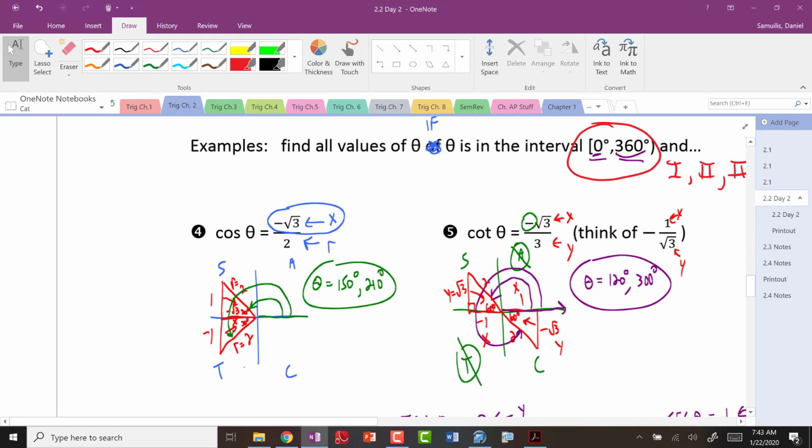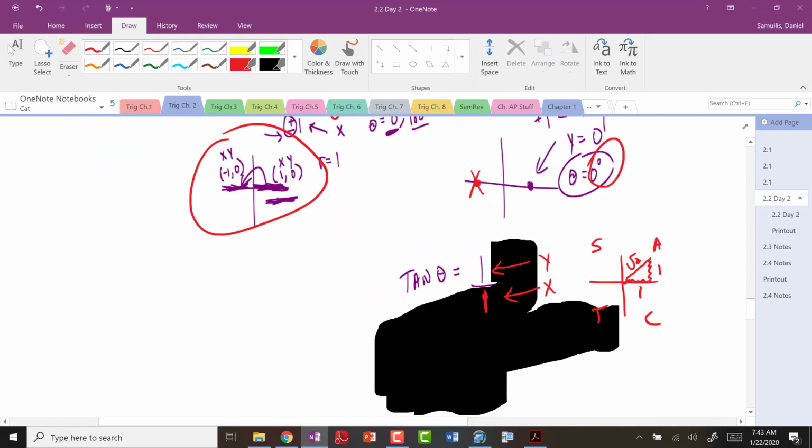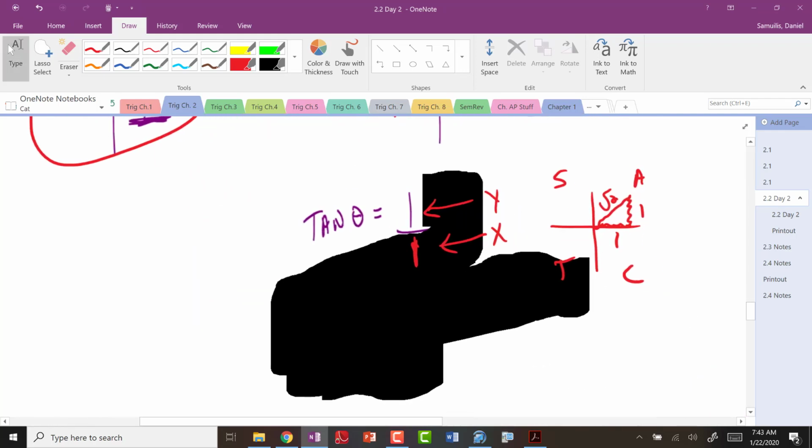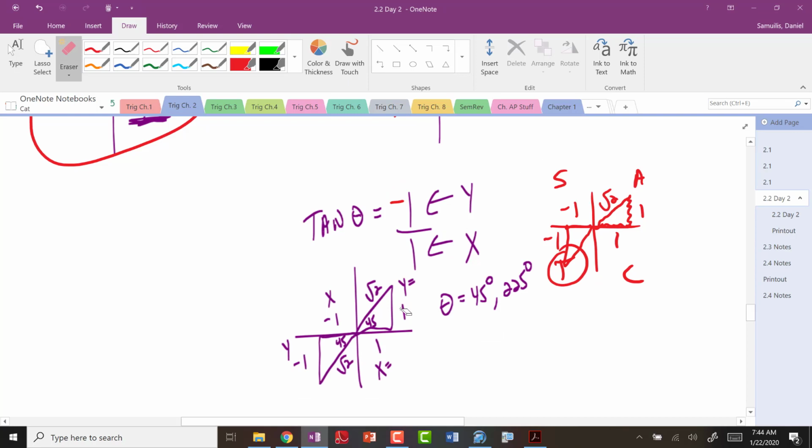I'd better play ASTC, because they do have a positive ratio for tangent. So tangent's also positive in quadrant 3, because these are both negative 1 over negative 1, which mathematically ends up being the same thing as a positive 1, the given question. So the answers for this one are 45 and 225. That's where that occurs. Okay, do the best you can.